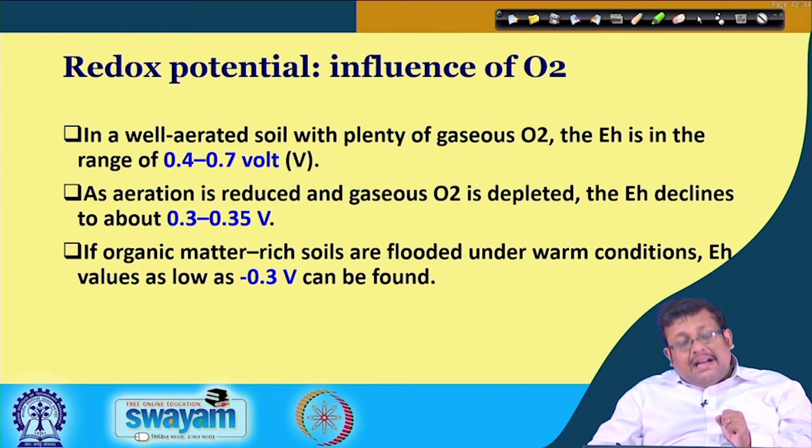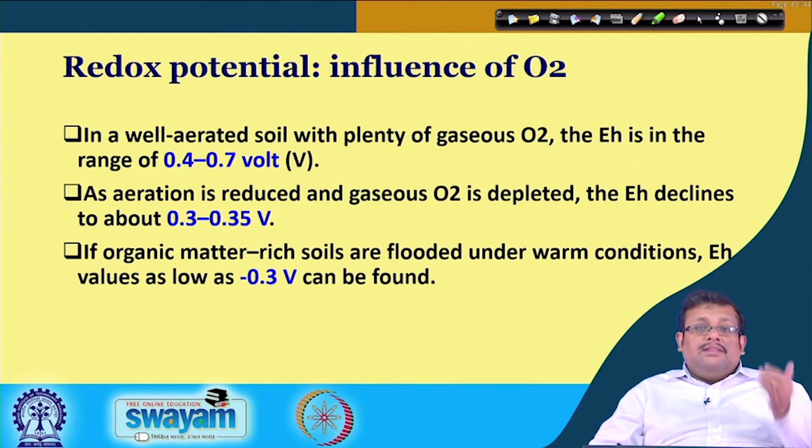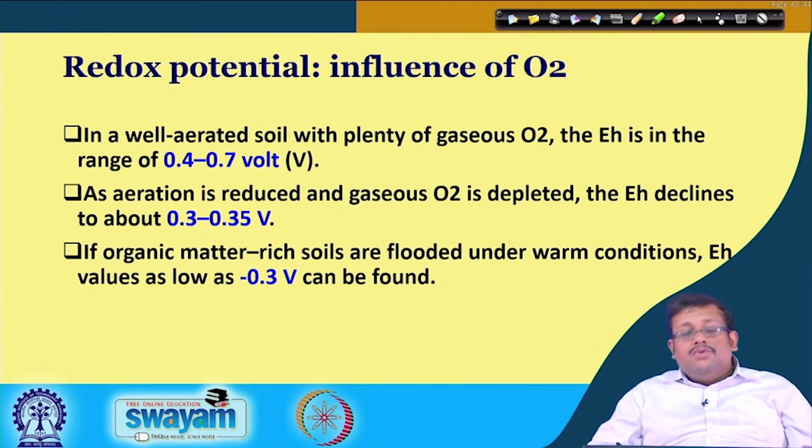As a result of using those nitrates, sulfates and all these different molecules as electron acceptors, they will create a reduced or anaerobic condition, and in the anaerobic condition you will see that the EH will reduce to negative, that is minus 0.3 volt.